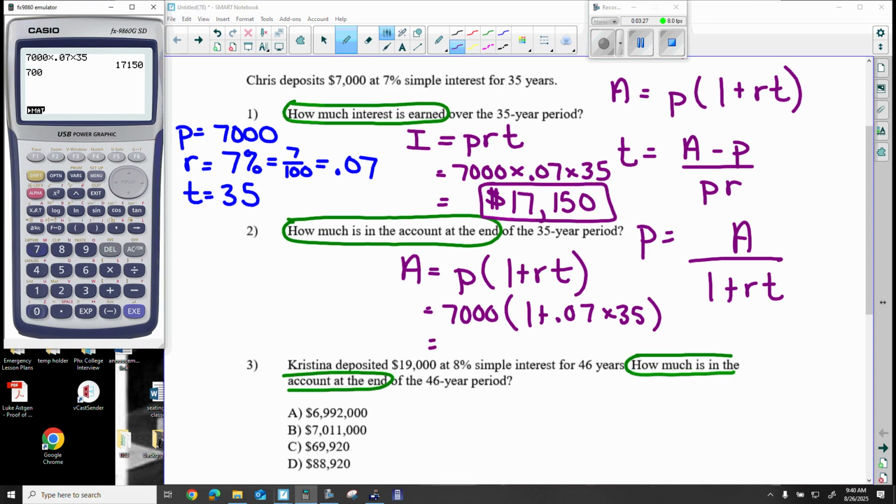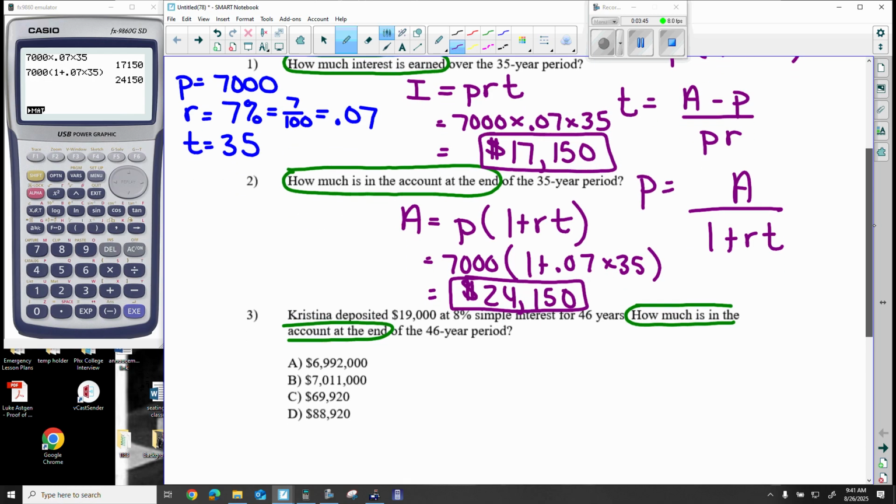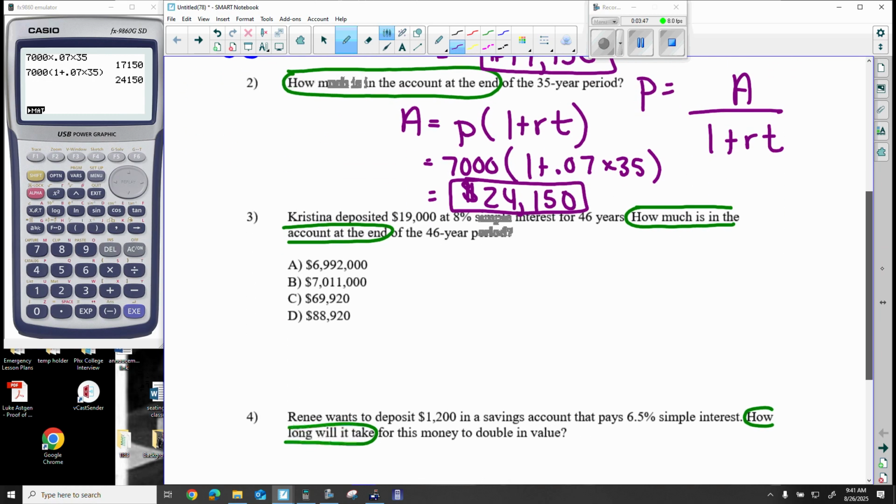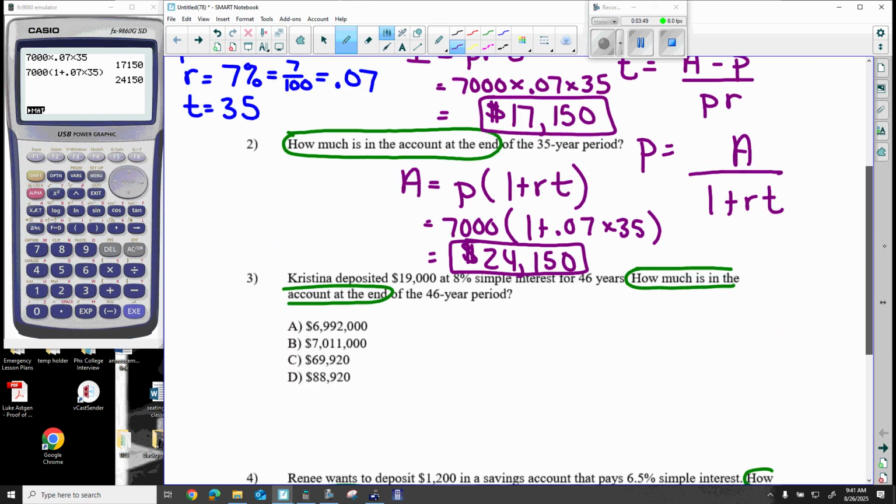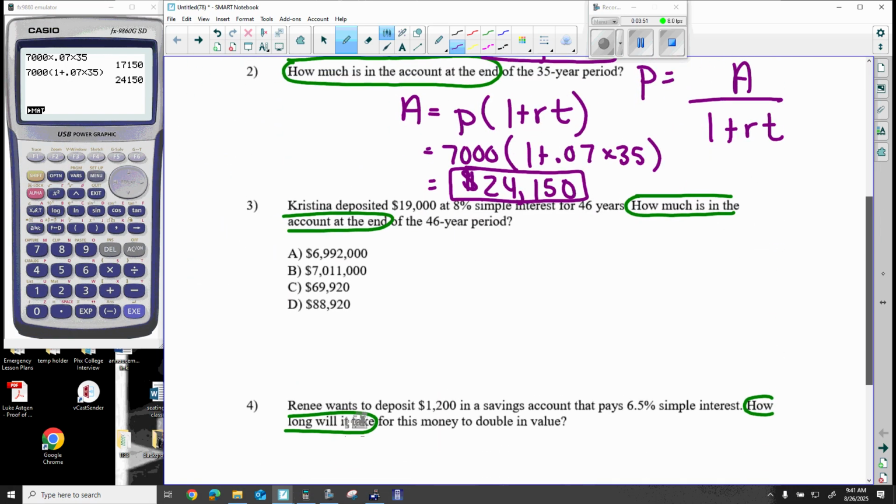And so that's going to be 7,000 plus 7% for 35. So that's 24,150. Okay. So we figured out how much interest was earned, and we also figured out how much is at the end. Again, just use the formulas that you need to have.